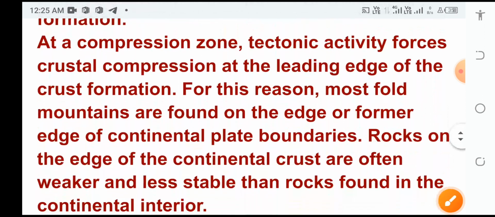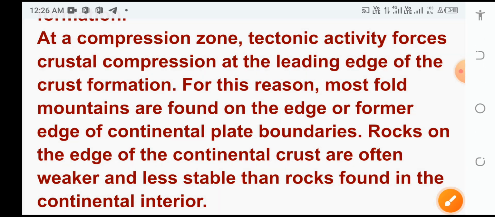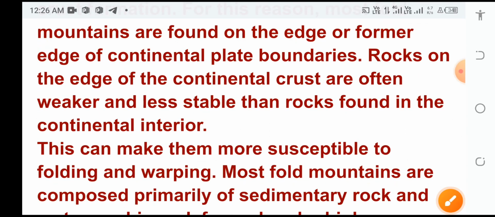At a compression zone, tectonic activity forces crustal compression at the leading edge of the crust formation. For this reason, most fold mountains are found on the edge of the continental plate boundary. Rocks on the edge of the continental crust are often weaker or less stable than the rocks found in the continental interior.